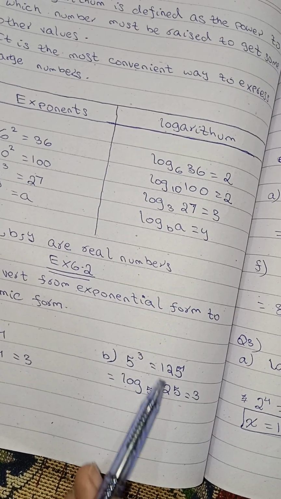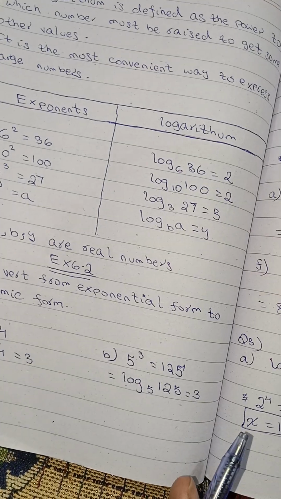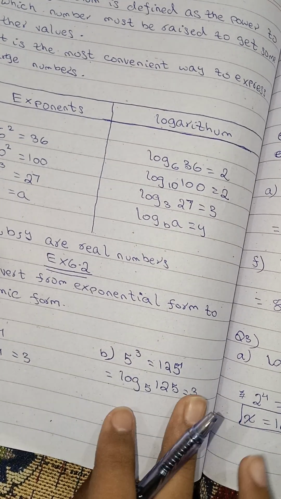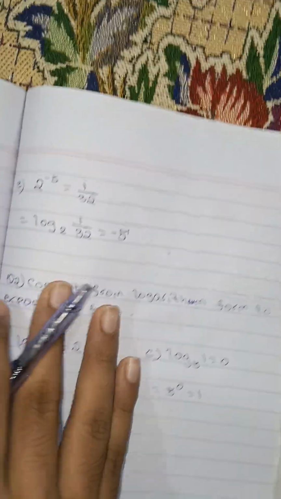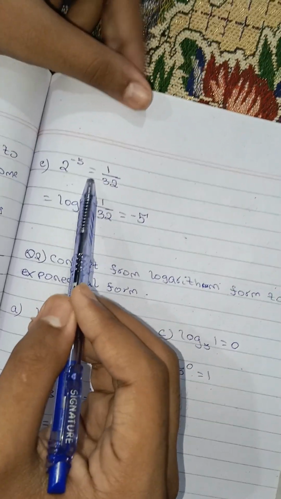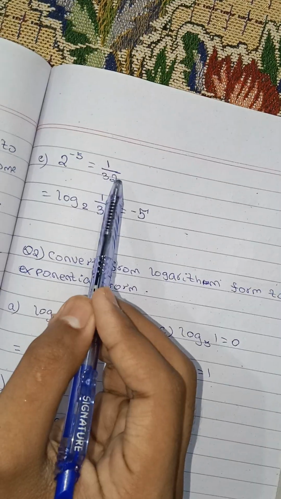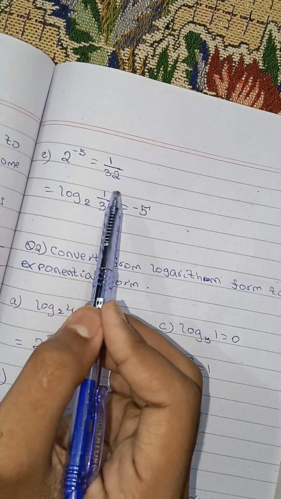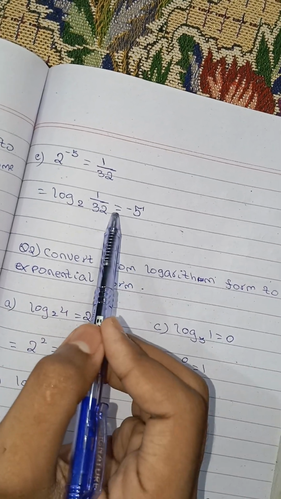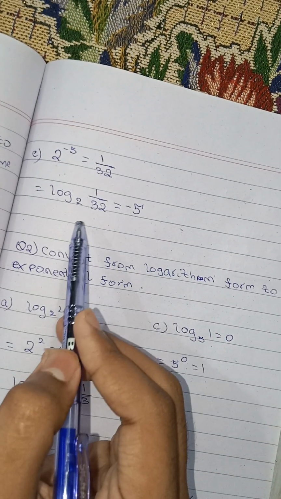So log 5 125 equal to 3. This is how we will go through the question. The last part says 2 power minus 5 equal to 1 over 32. So log 2 of 1 over 32 equal to minus 5. So we are now done with our first question.